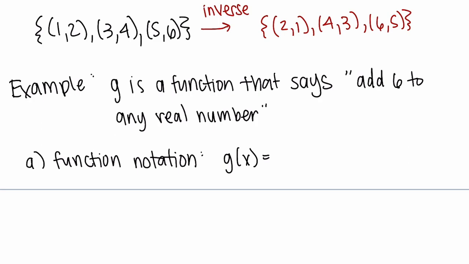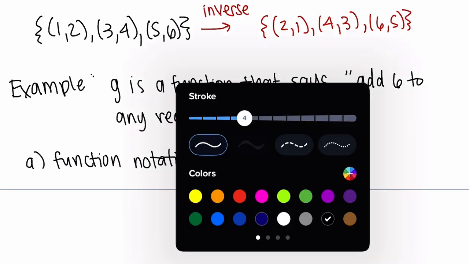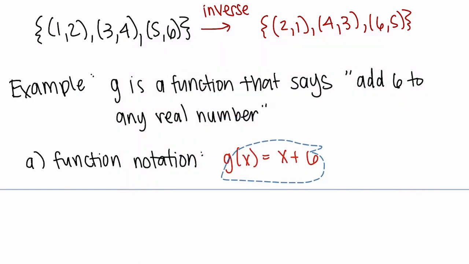How would I finish writing this? If my rule is add 6 to any real number, we're just going to add 6. So function notation, we're just saying g of x equals x plus 6.